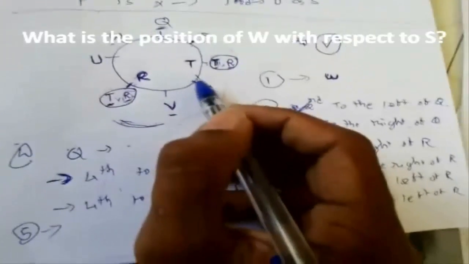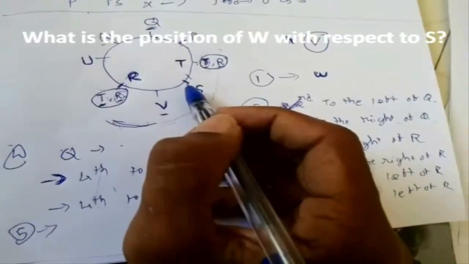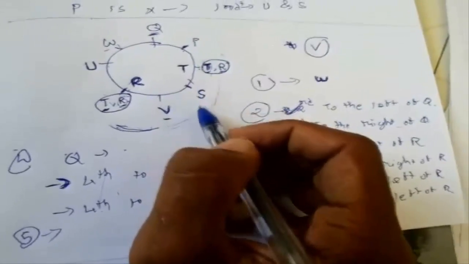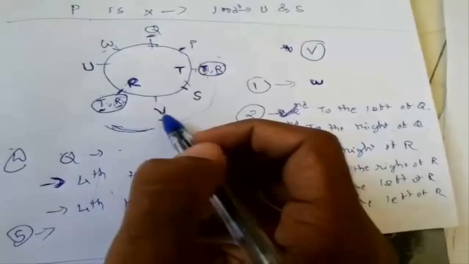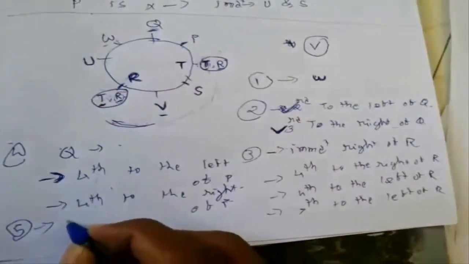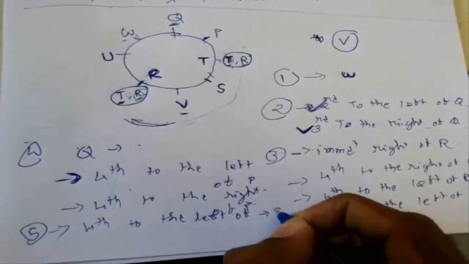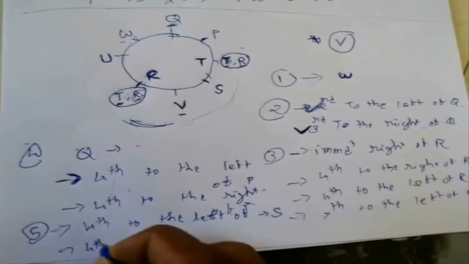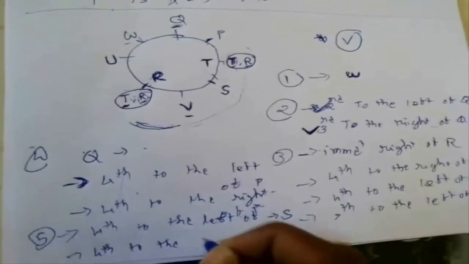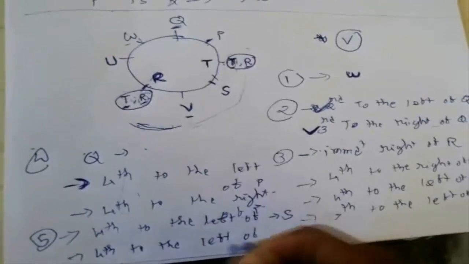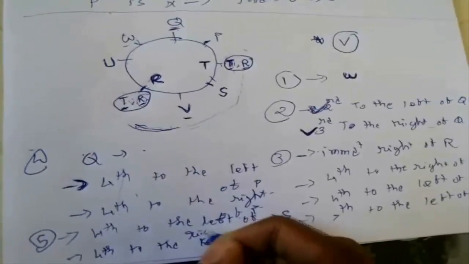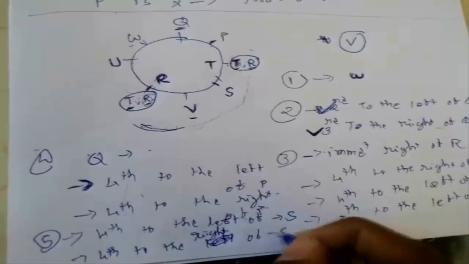We will find out the position with respect to S, which means we have to move from S. If we move in a clockwise direction, that will be 1, 2, 3, 4, fourth to the left of S, or fourth to the right of S.